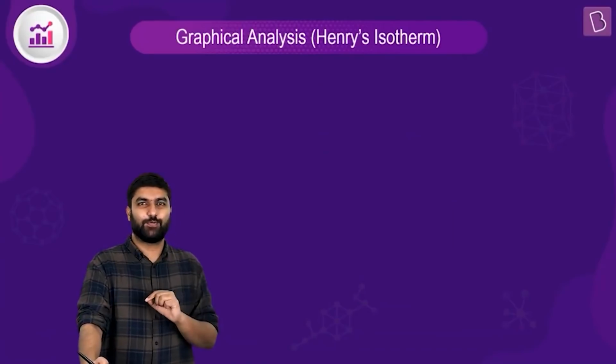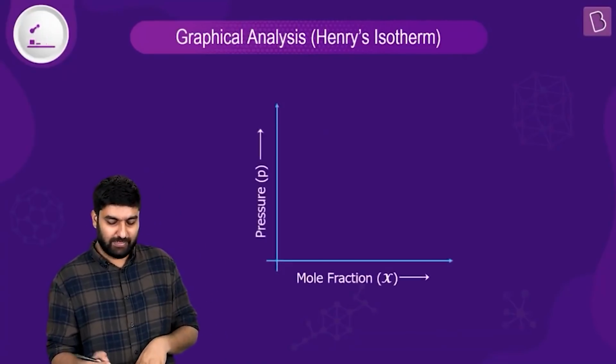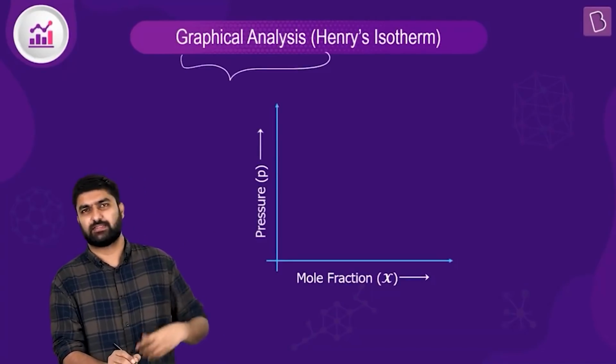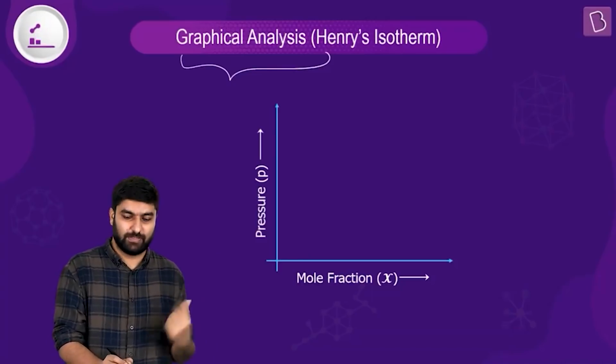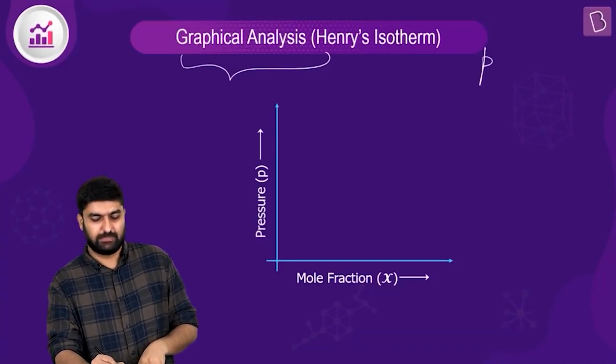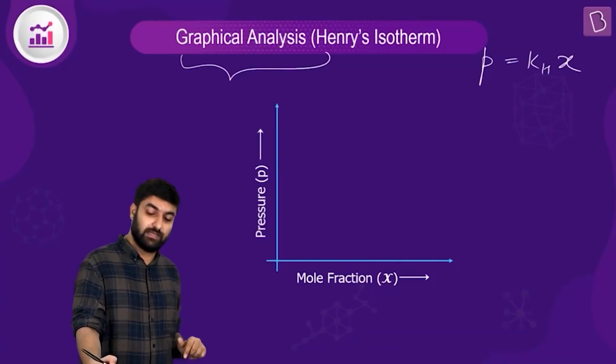And now what we are going to do is put this into an equation. So think about it, right? Let's say we have an axis over here. We are going to put this onto a graph, or plot it out. What we can say is that the partial pressure of the gas is Henry's constant multiplied by the mole fraction inside the solution.